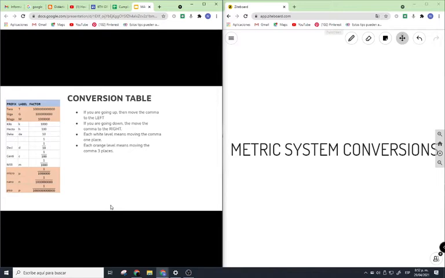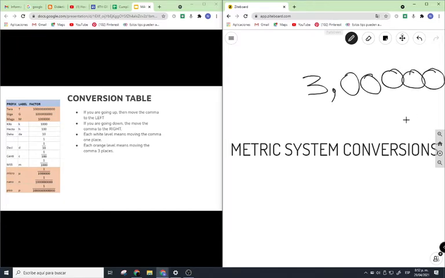Remember kids, when you have a natural number, for example the number 3, and you don't see the comma, that means that the comma is here. And there are an infinite amount of invisible zeros after the comma that you can use whenever you need them, even if you don't see them, because they are there. They are just hidden.